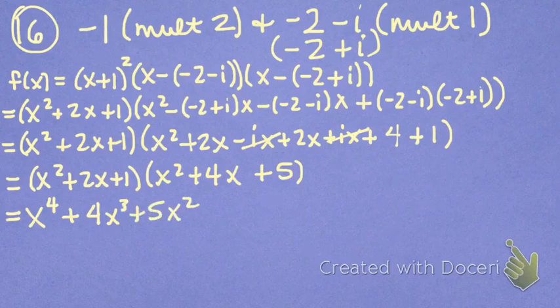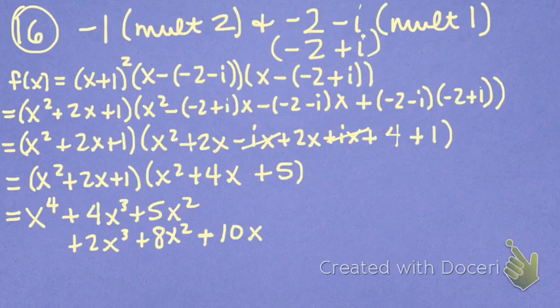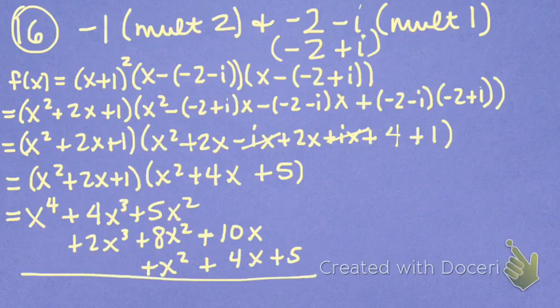And on the next line down, we're going to distribute 2x, and 2x times x squared is plus 2x cubed. 2x times 4x is plus 8x squared, and 2x times 5 is plus 10x. Then we distribute the 1, and we like distributing 1 because that means we're just going to get what's there. So you just copy that straight on over, and now we'll bring all this into our final answer.